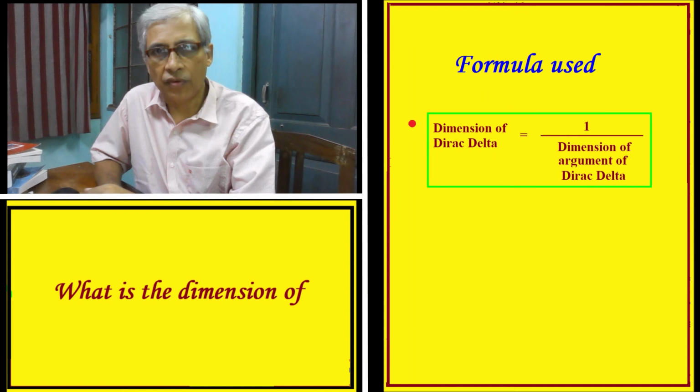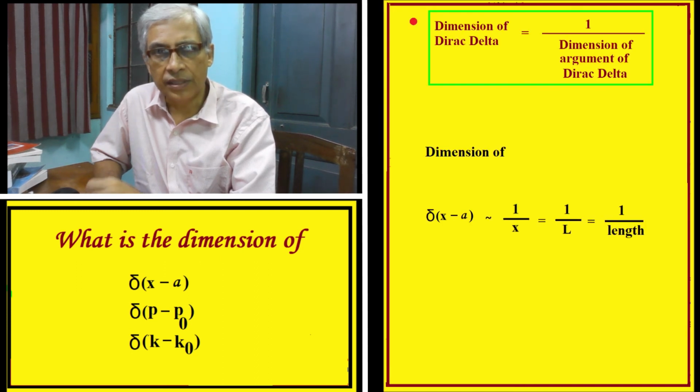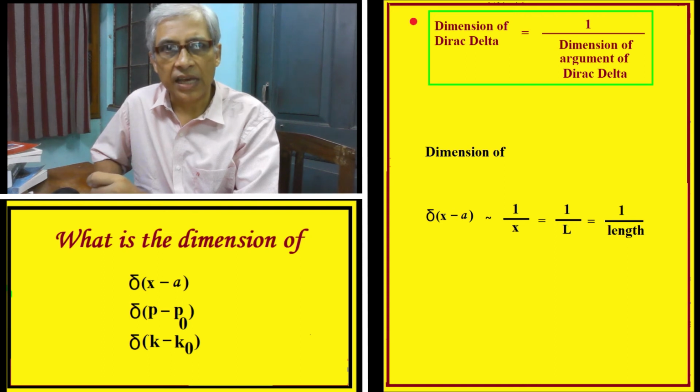Let us use the formula to find the dimension of these Dirac deltas you find on the left slide. Dirac delta of x minus a is the inverse of x minus a, and since x and a have same dimension, we can equivalently write it as simply inverse of x, that is inverse of length.